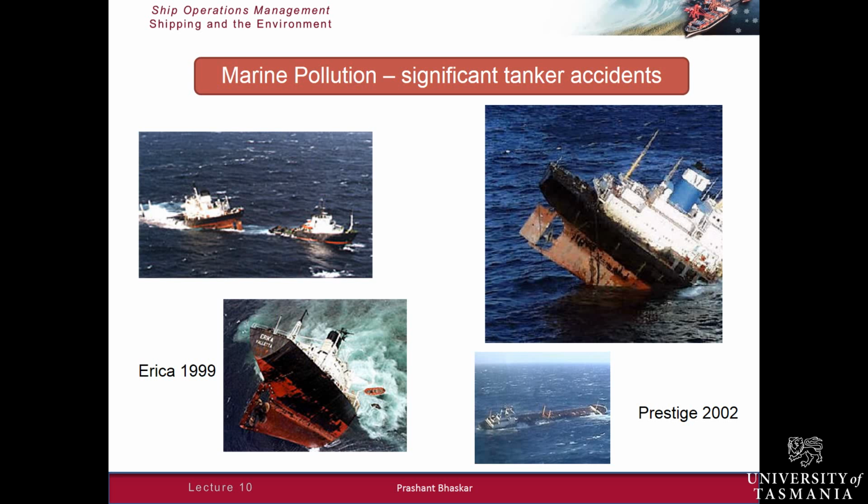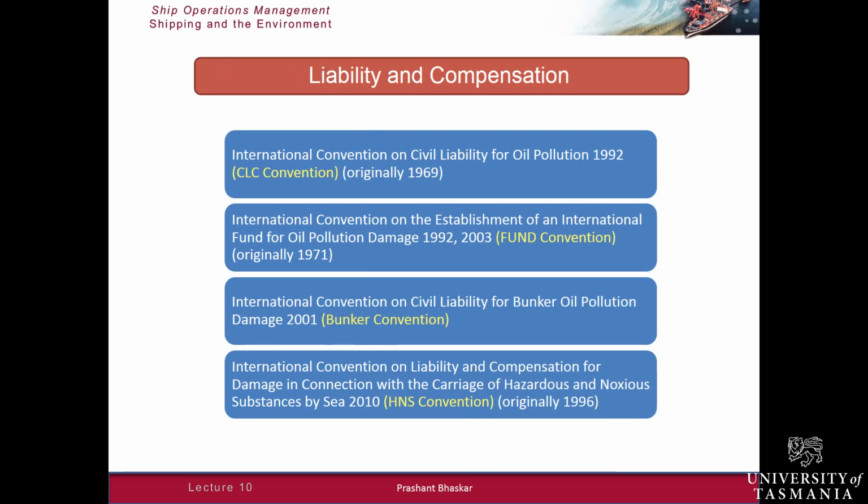And so that gives you a bit of a background as to where these various rules come from. I mentioned the CLC and the Fund Convention in the previous slide, and so I think it's useful to talk about who pays for oil spills from ships.